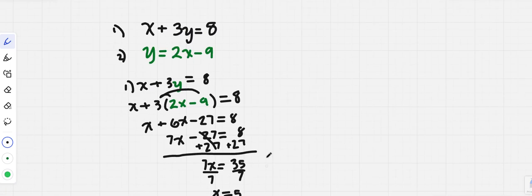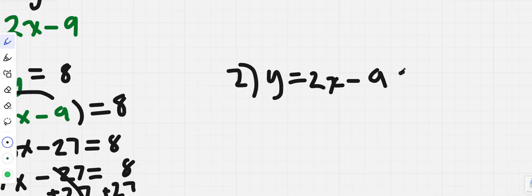So if we just use equation 1, let's look at equation 2. y equals 2x minus 9, in which x is equal to 5.